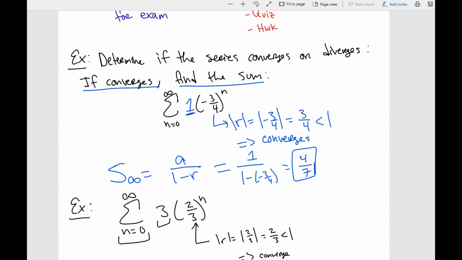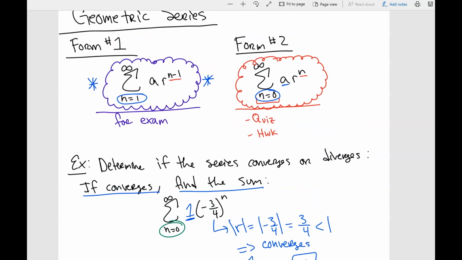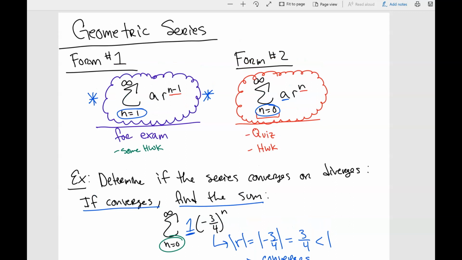Problems like this, when it's in form number 2, when it's at n equals 0, is going to be on your quiz and some of your homework. And actually, I think there are some homework problems that have both forms. So just a little clarification, because the book does not clarify this at all. I just wanted to make sure that you guys were all not confused. So just check the index where it starts.